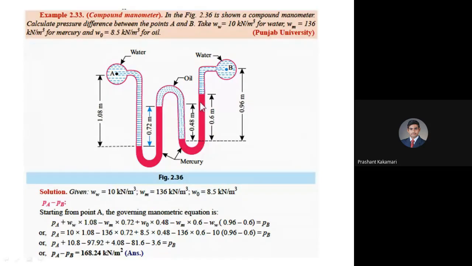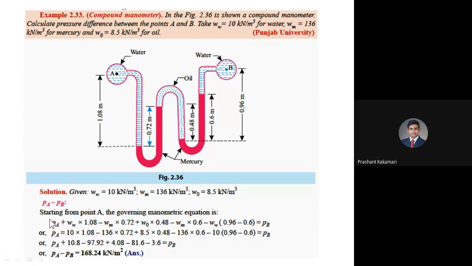Because of the mercury head, we understand that this level of liquid is acting towards PB. Are you understanding? So if it is acting towards PB, then I can take it negative, equal to PB, or with respect to PA it will become opposing pressure. I will take minus PB equal to 0.